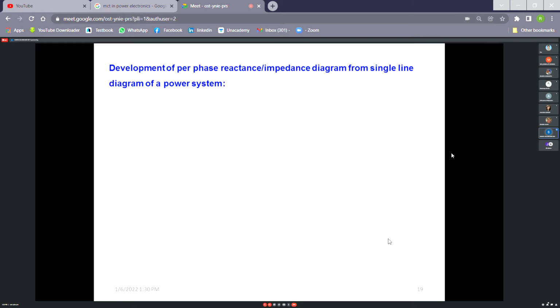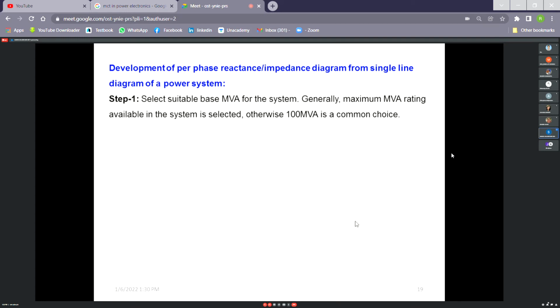Obviously, the per phase reactance diagram or impedance diagram is on a per phase basis, and valid for the balanced system. So at first, what is the step? We must consider a suitable base MVA for the system. Generally, the maximum MVA rating available in the system may be assumed as base MVA.